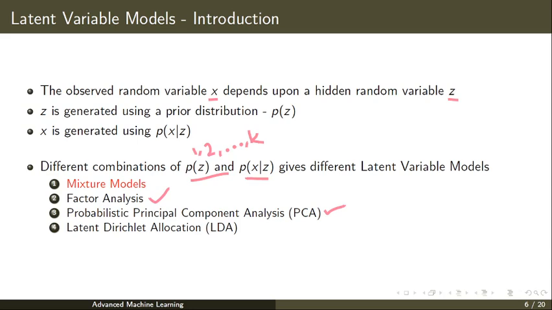Latent Dirichlet allocation: if this distribution is a Dirichlet distribution, then we say that this is LDA, latent Dirichlet allocation. So today we'll look at mixture models.